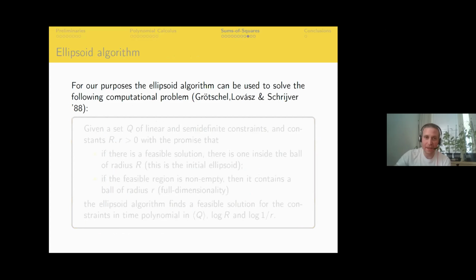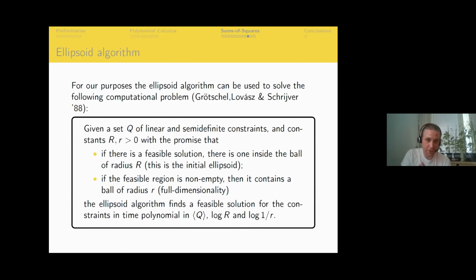So the proof search here, as I stated, can be carried out by an ellipsoid algorithm. And for our purposes, the ellipsoid algorithm can be used to solve the following computational problem.